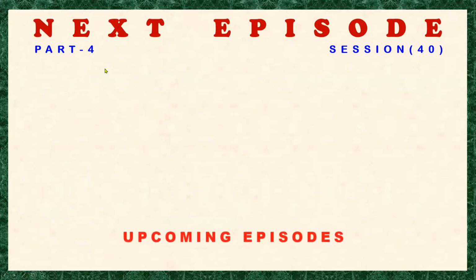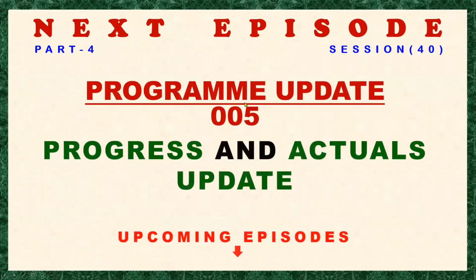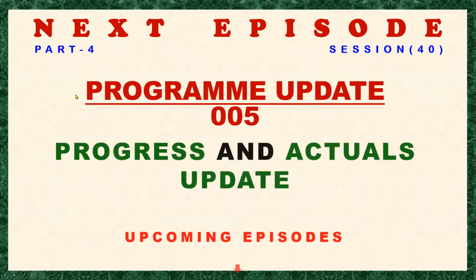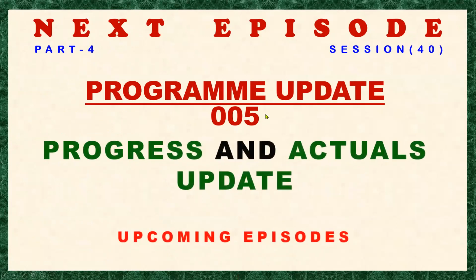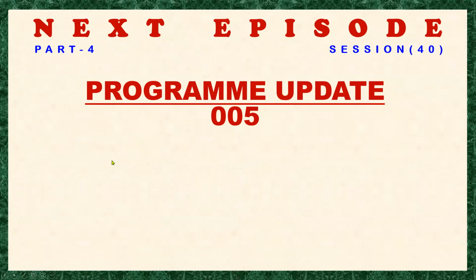So our next episode is part 4, session 40. Now we will be working on program update 005 for the month of October. So again, we will be starting with progress and actuals update. See you and thank you for watching.